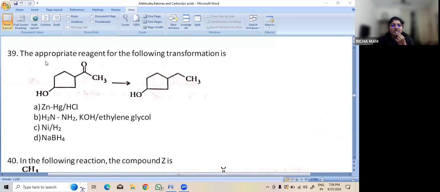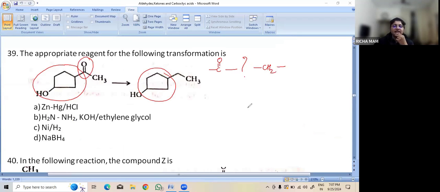Okay, next question. The appropriate reagent for the following transformation is, which is the appropriate? So here what is happening? You can see the rest of the molecule is the same. Only the C double bond O is reduced to CH2.